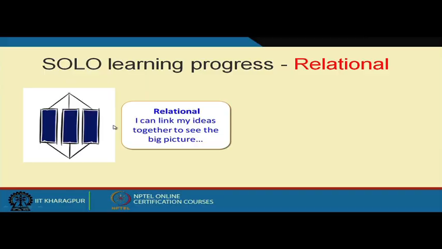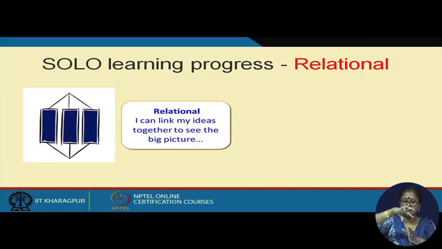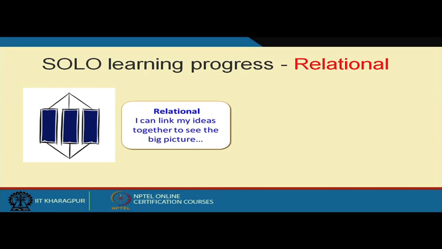But in the relational level, there is that one relation that the students can do. So, I can link my ideas together to see a big picture. So, you can understand that unistructural and multistructural in the relation, when they can link the ideas, it is in the relational level.